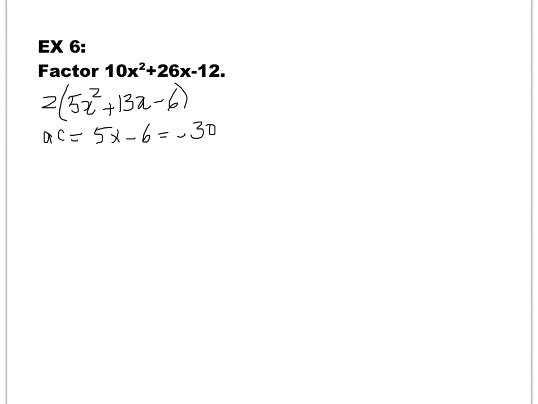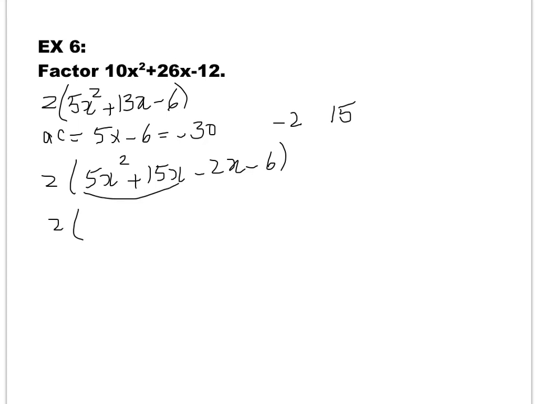After some trial and error, we find that the two numbers whose product is negative 30 and sum is 13 are negative 2 and 15. So I can write the middle term as 5x squared plus 15x, and then negative 2x minus 6.